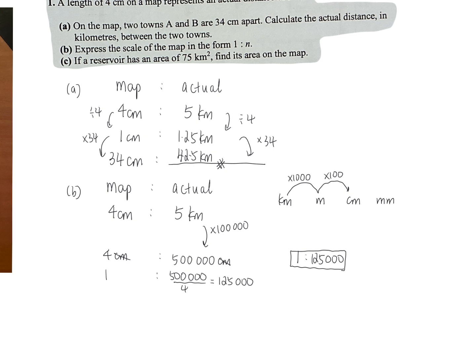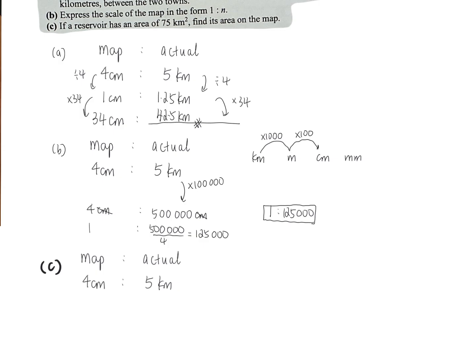Last one, part C. When they start to talk about area. Okay, this one listen. This is the only part that I think you might lose marks because you never be careful. So this normal scale that we have is the distance scale.